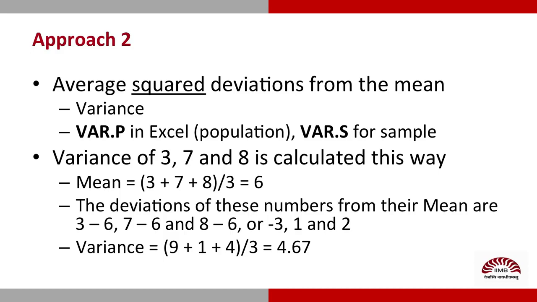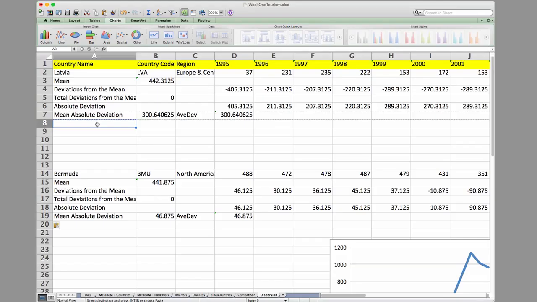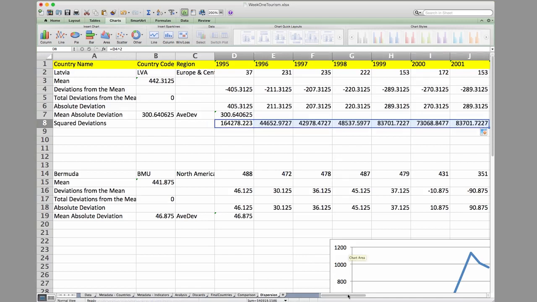Instead of taking absolute values, we simply square the deviations. And then calculate their average? Yes, of course. I'm going to look at squared deviations. So this means that I'm simply going to square the deviation and do this right across from 1995 through 2010.